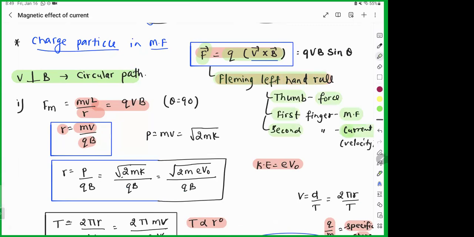Barinder, which rule are you going to use in case of EMI, electromagnetic induction, related to Fleming?